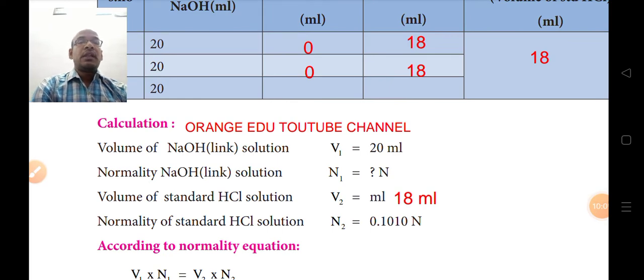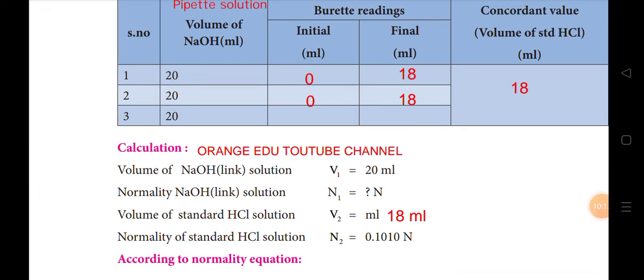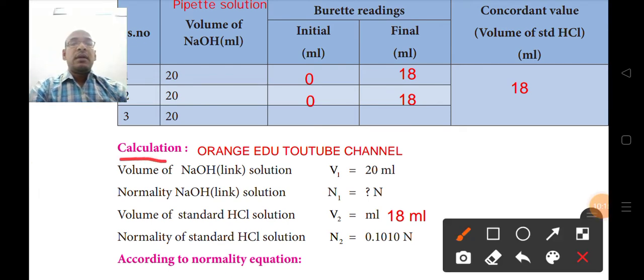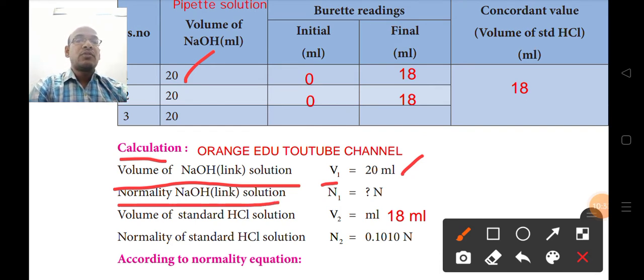Now, using the table column, we make the calculation. Volume of the NaOH, V1, that is 20 ml, which is available in the table column. Normality of NaOH link solution we determine, therefore put a question mark.